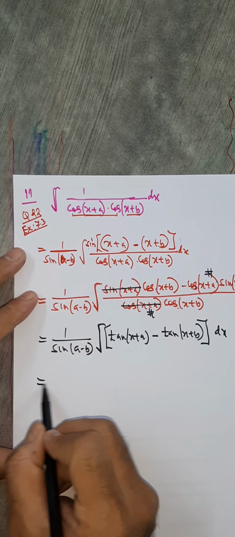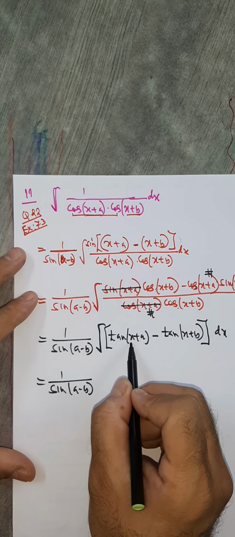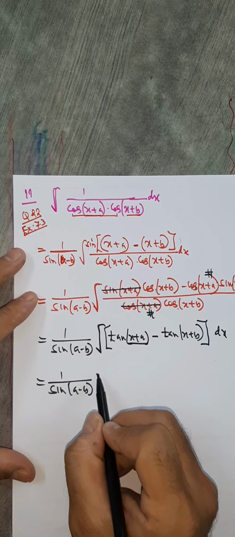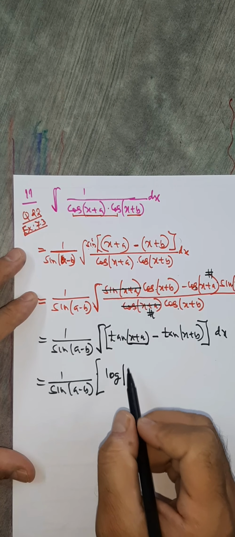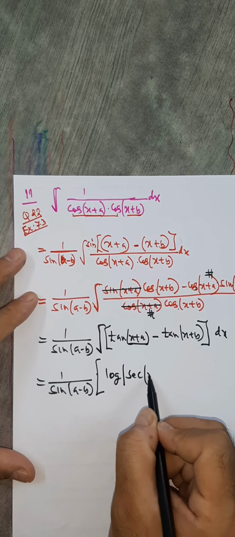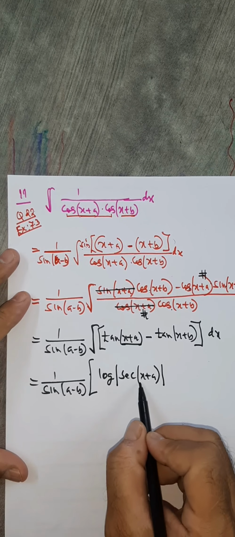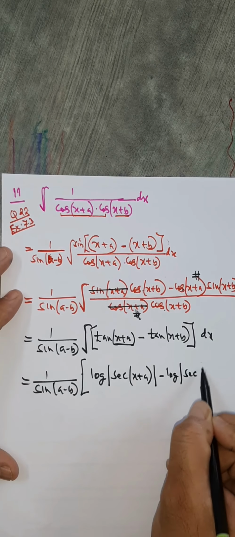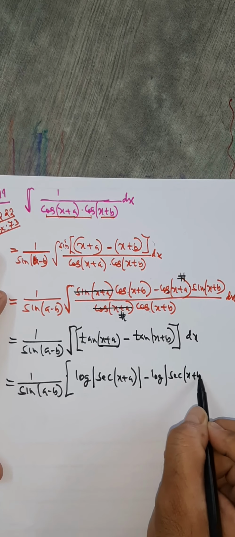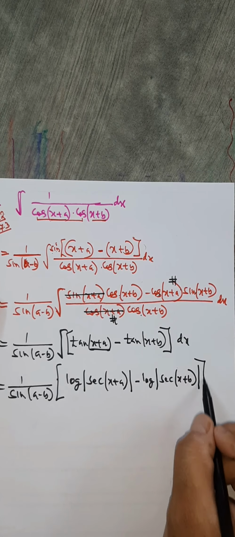Integration of tan is known to you, remember. If you remember integral of tan, this is linear function. So you can imagine that as x. So what is this? Log of mod of sec of x plus a upon the coefficient of x, which is 1, minus log of mod of sec x plus b upon the coefficient of x, which is 1 here, plus c.